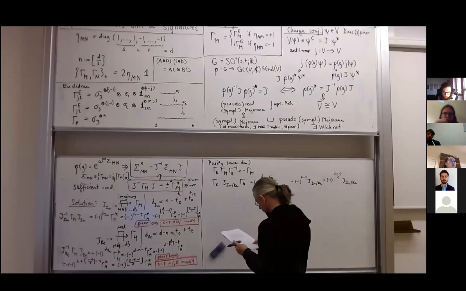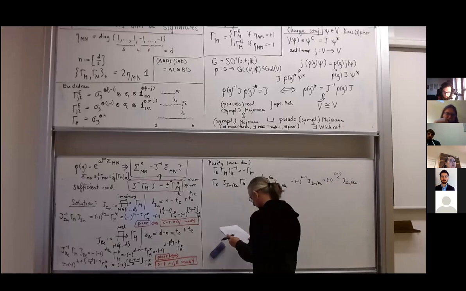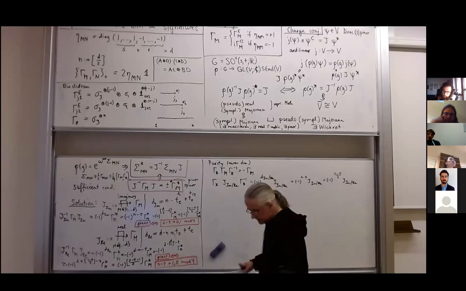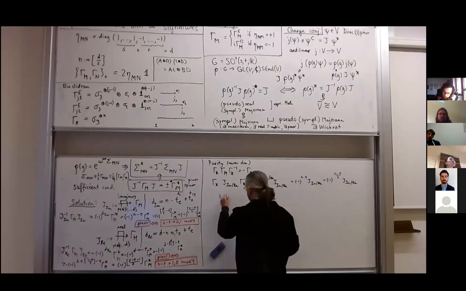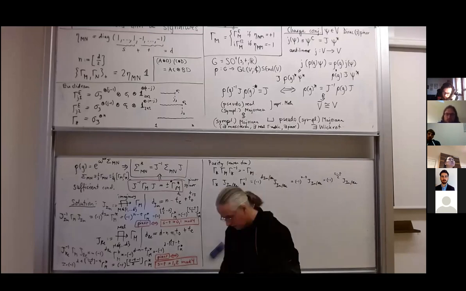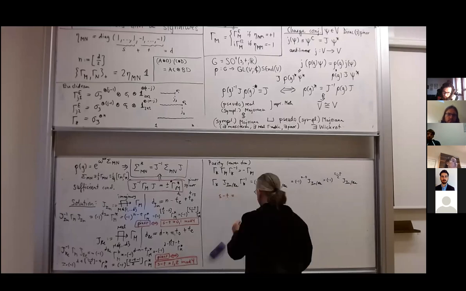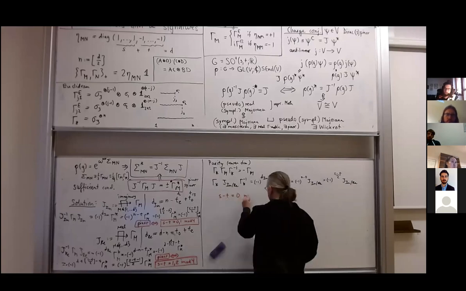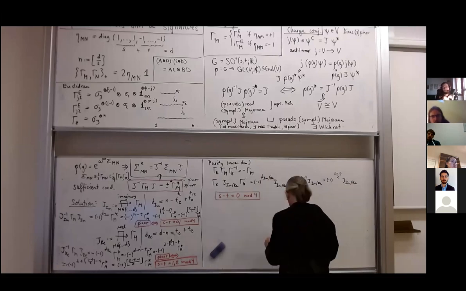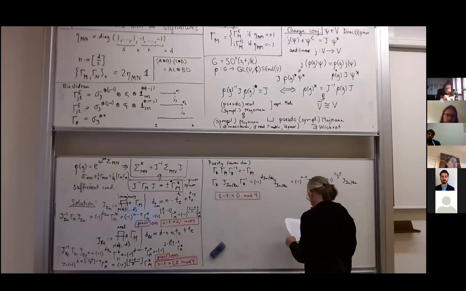that when S minus T is equal to 0 mod 4, then we have two conditions.